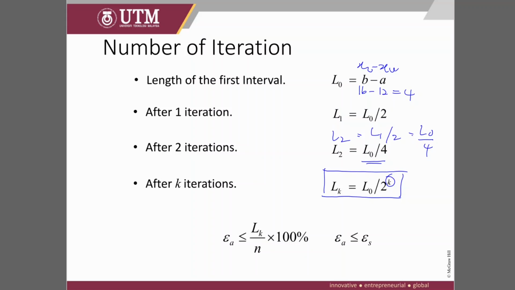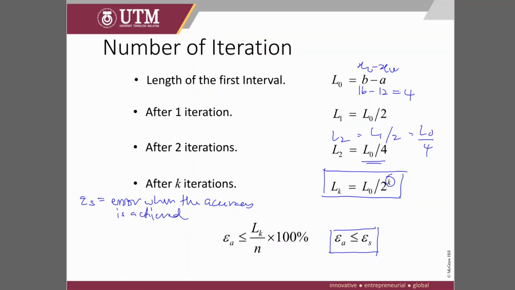We can work this out to find the number of iterations required for our problem. The other thing is, let's talk about what is EA and what is ES. Sorry, not E, but epsilon. So epsilon S is the stopping requirement, the error limit, the error when this accuracy is achieved.